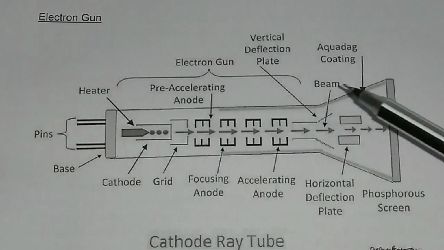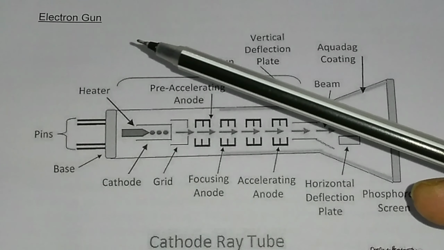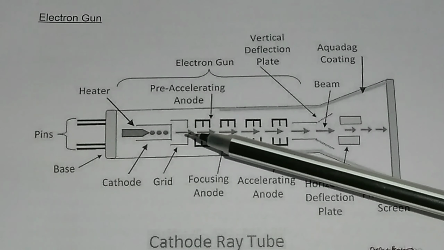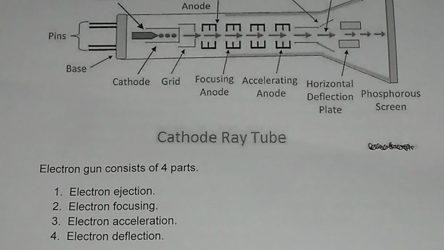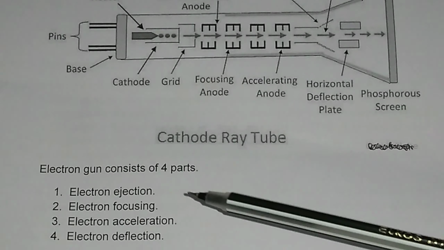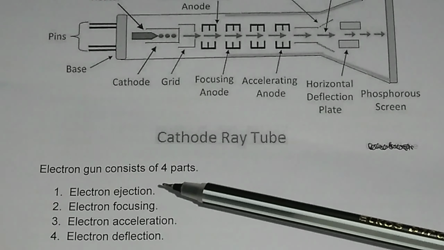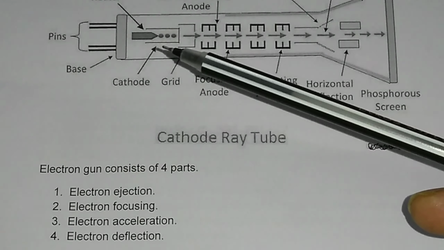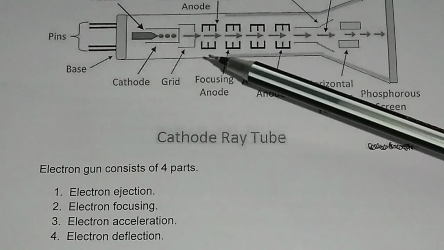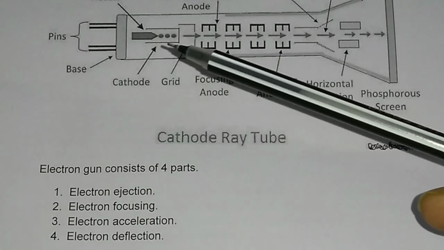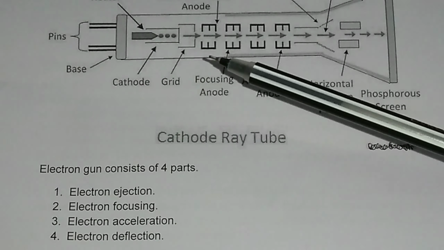So first we will discuss the electron gun. What is the electron gun? Electron gun basically consists of four parts. First part is your electron ejection, where electrons come out. Then the second part is your electron focusing. After electrons come out, they are made to focus.